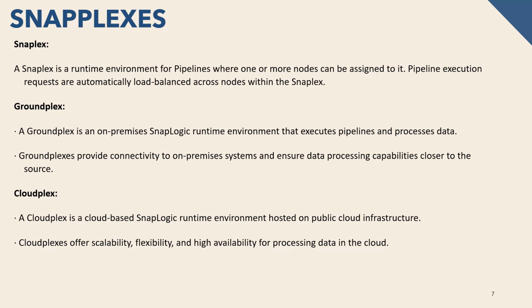So what is a groundplex? It is also a runtime environment, but it is installed within the customer's infrastructure. By using this groundplex, you can connect to your on-premises integrations and also execute on-premises pipelines. And then we have a cloudplex.